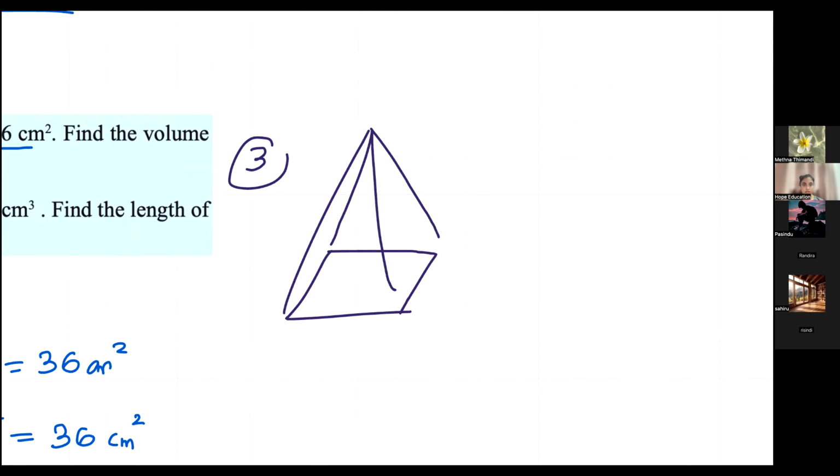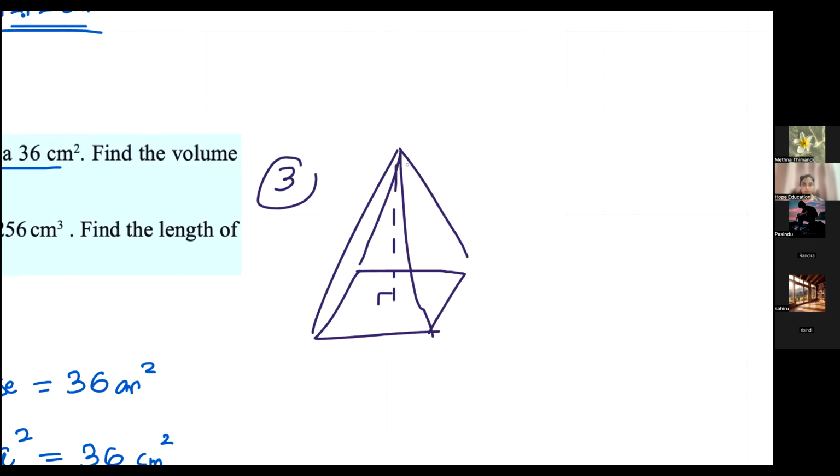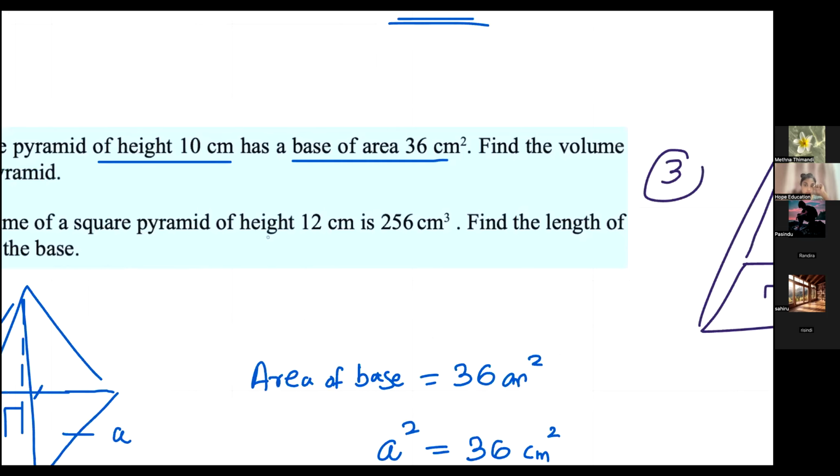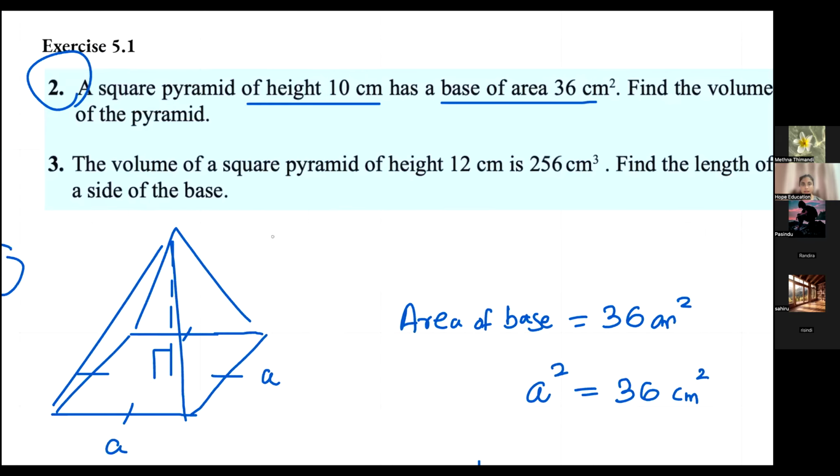So this is the height. Height is the perpendicular height. Height is 12 centimeters. The volume is given as 256, and they're asking us the side of the base.